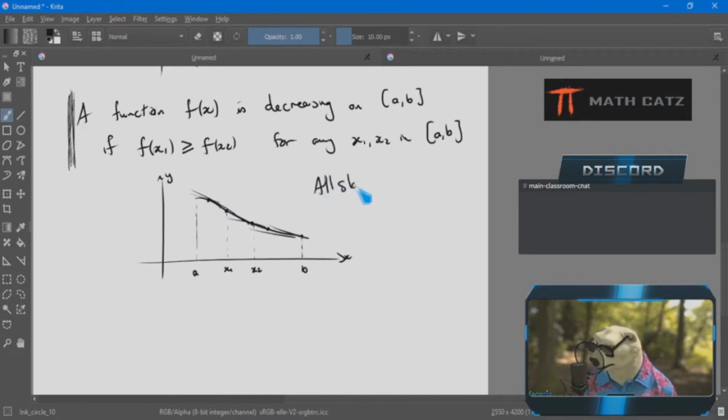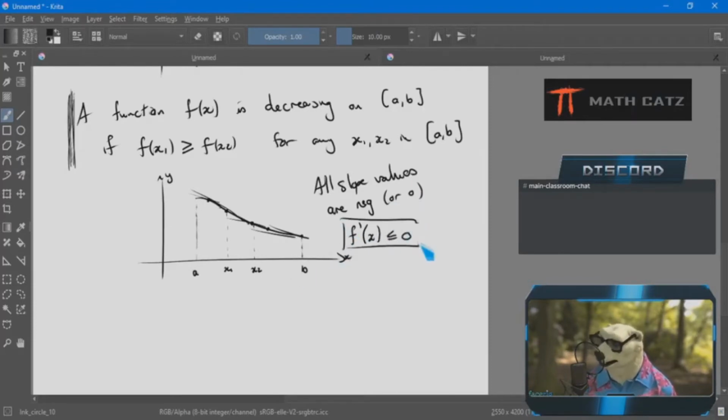So all slope values in a section like this will be negative or 0, meaning that my derivative needs to be less than or equal to 0.